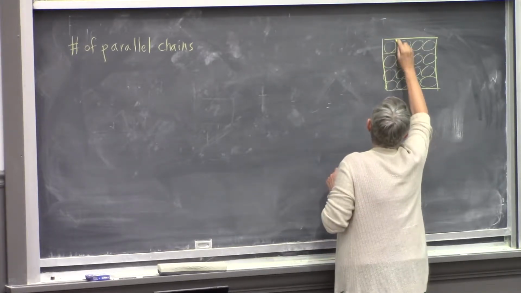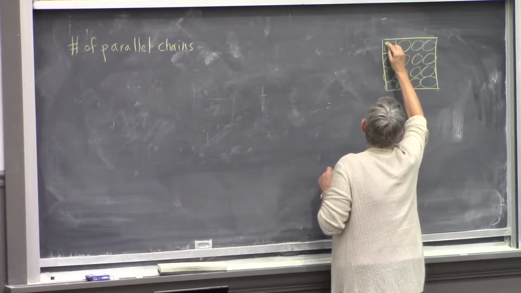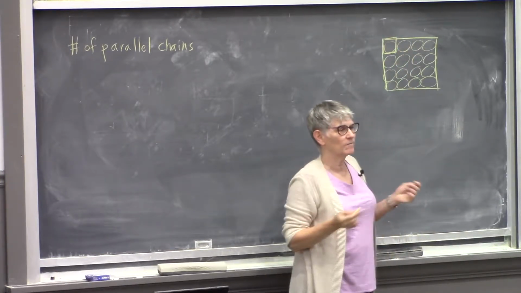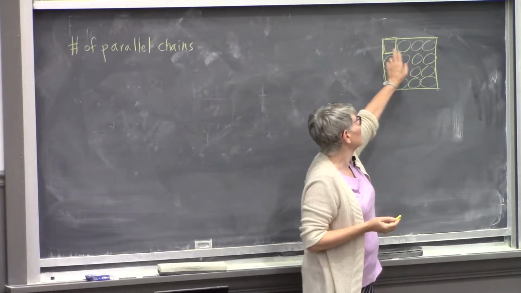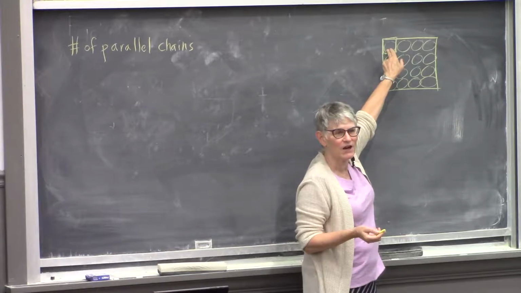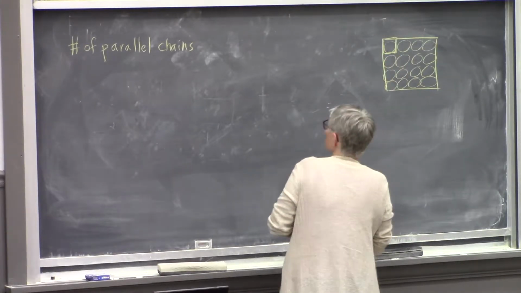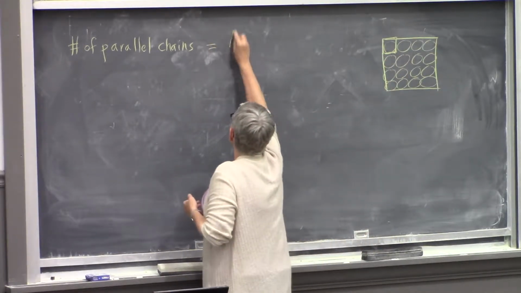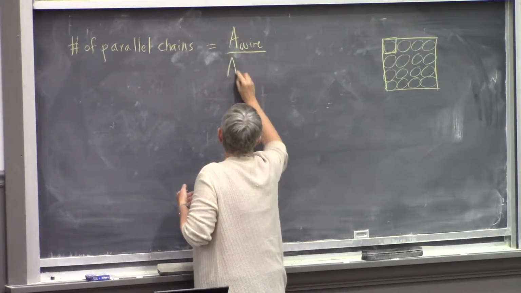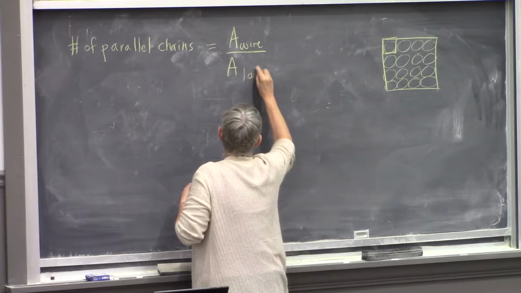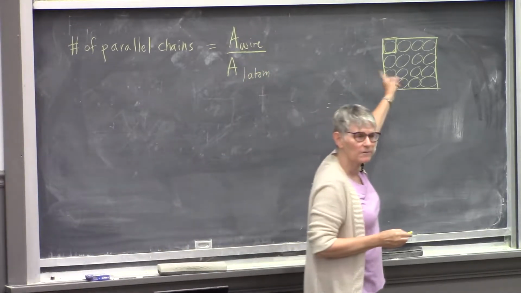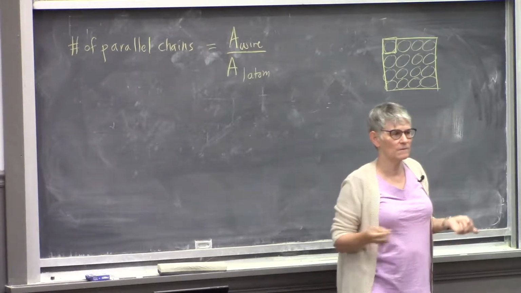We basically know the area occupied by one atom. If we draw a little square around this atom, that's the area, the piece of the wire that's occupied by that chain. So we could actually say that it's the cross-sectional area of the wire divided by the cross-sectional area of one atom, and that would give us the number of atoms here, right? Number of chains.